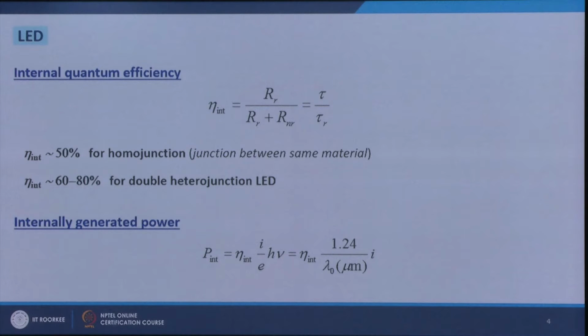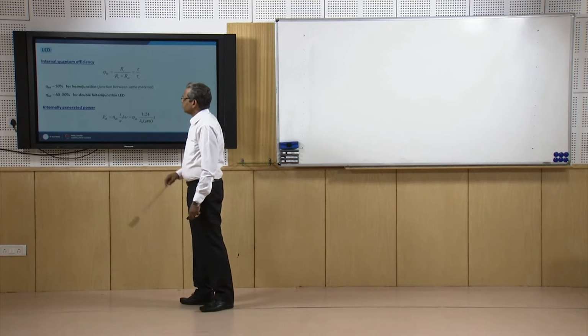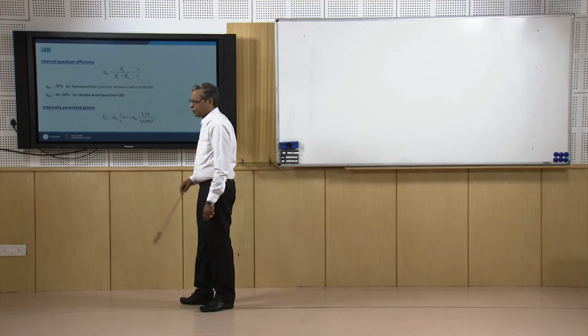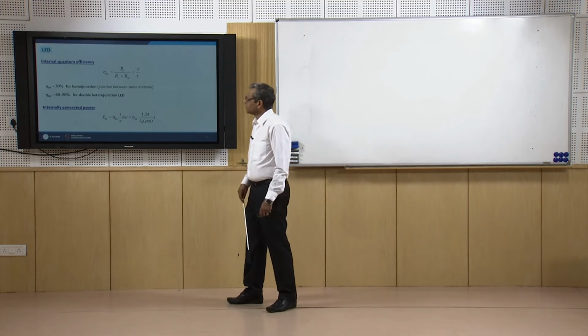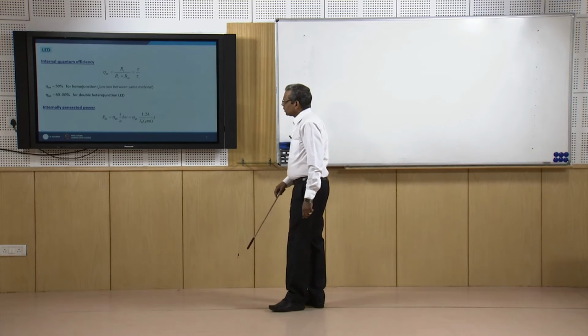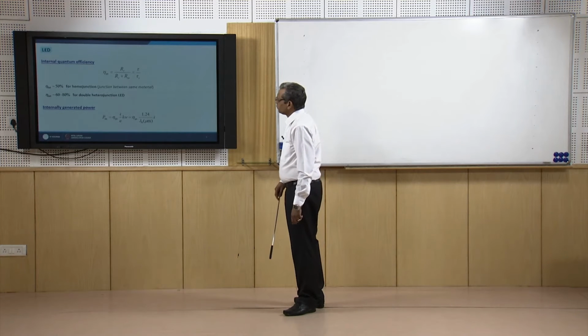Some important parameters of an LED are the internal quantum efficiency, internally generated power, external quantum efficiency, responsivity, and so on.